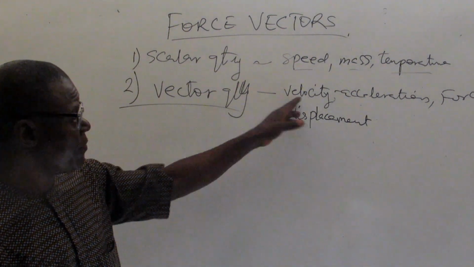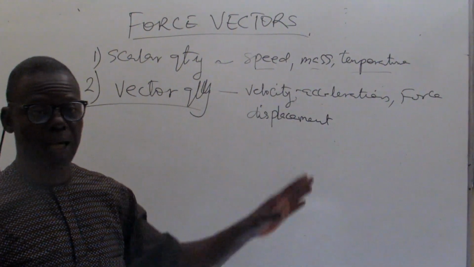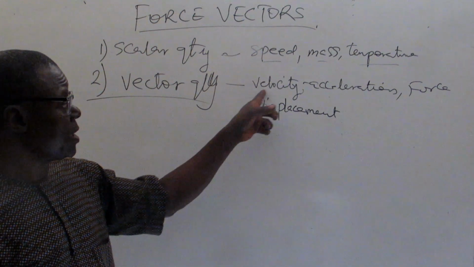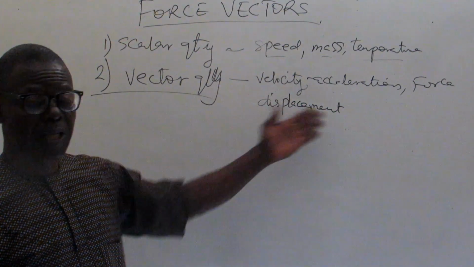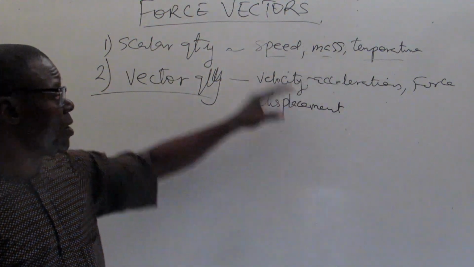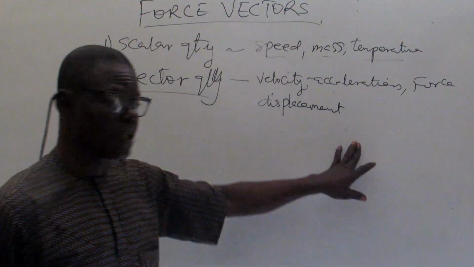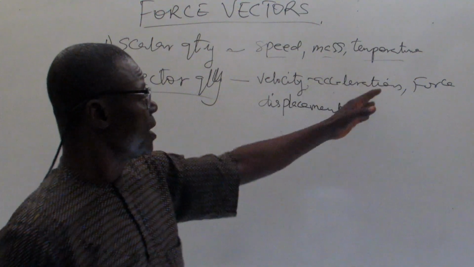Whereas we have velocity, velocity is the rate of change of distance moved with time in a specified direction. Otherwise, we can call it the rate of change of displacement, since displacement is distance moved in a specified direction.